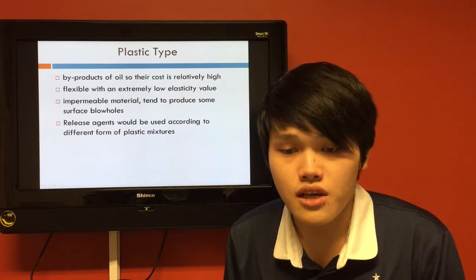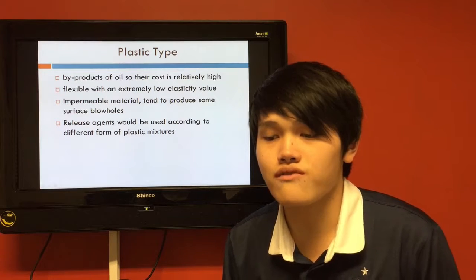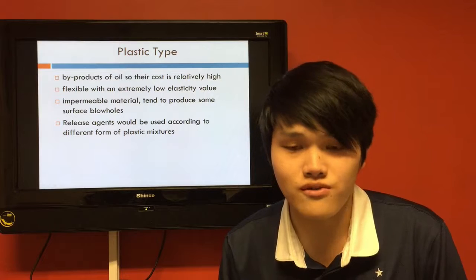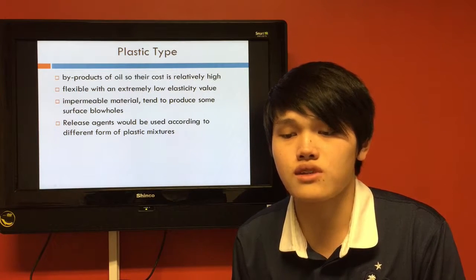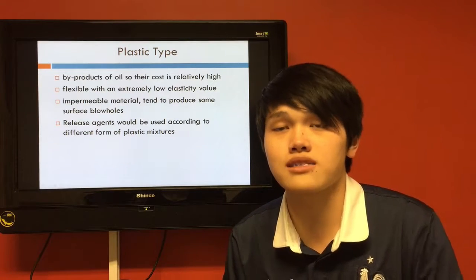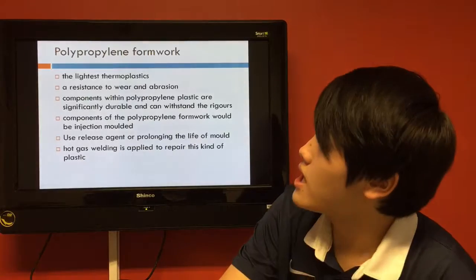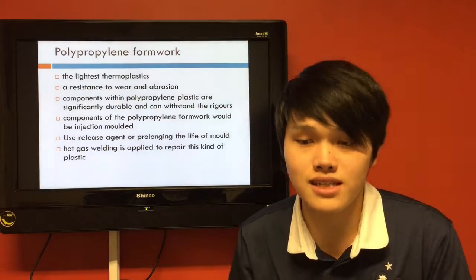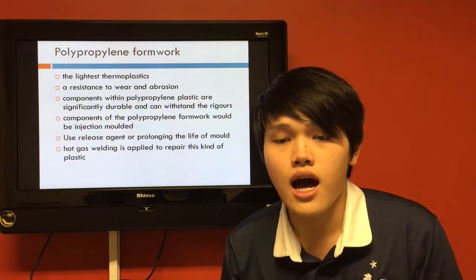Plastic is an impermeable material and tends to produce some surface blowholes, which is not acceptable for concrete, so release agents will be used according to different forms of plastic mixtures, and I will talk about it in the following part. The first plastic I would like to share with you is polypropylene formwork, the lightest of the thermoplastics.